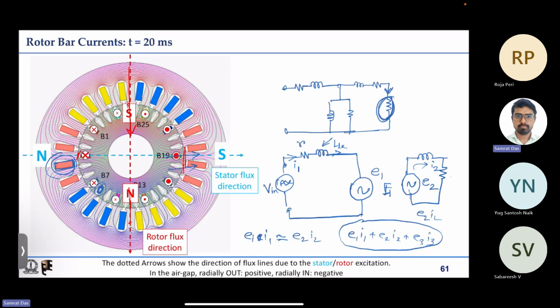From this equation you can see that I2 is basically E1 by E2 times I1, and E1 by E2 is basically 1 by S, so I2 equals I1 by S. S being a very small number, I2 is expected to go much higher compared to I1.